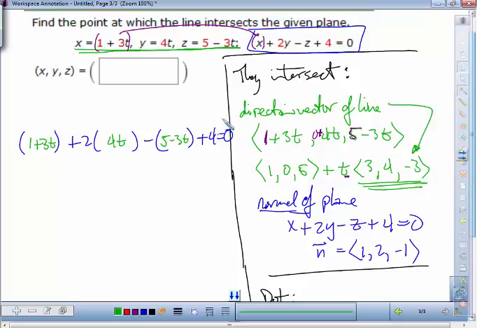But now what we have here is not a function, but an equation of one variable t, and so we can just solve for that. So let's do the distributing that we need to do. 1 plus 3t plus 8t minus 5 plus 3t plus 4 equal to 0. Let's take all the constants and bring them to one side.